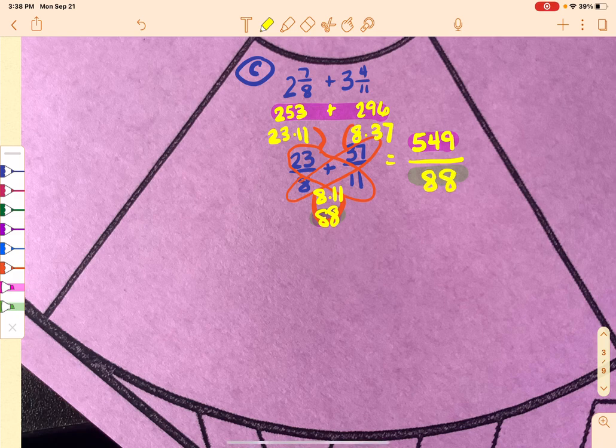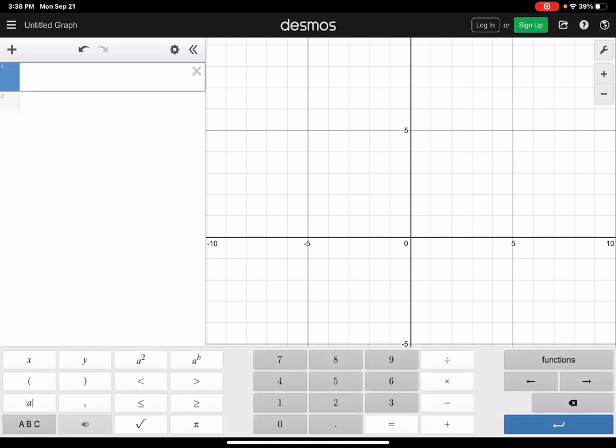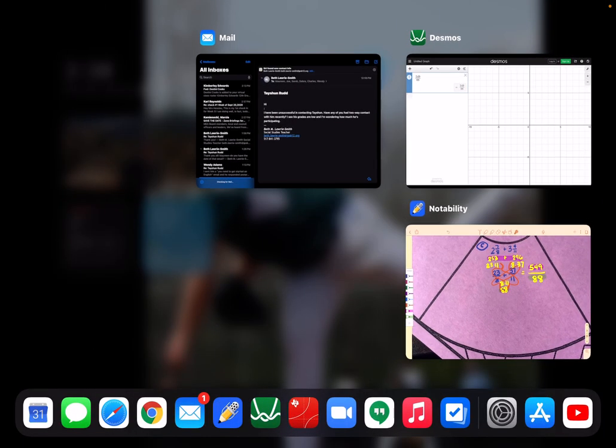Okay, now our first step has to be to put this in Desmos and see if we can reduce. So 549 over 88. And I can see on this one it doesn't change. That tells me it's reduced as much as it can. But it is improper. So remember, if the top is larger than the bottom, I'm going to have to divide it out.